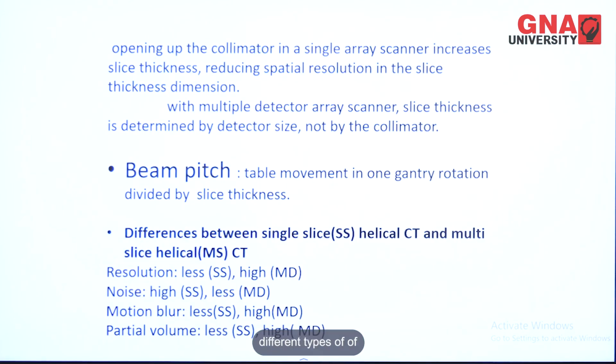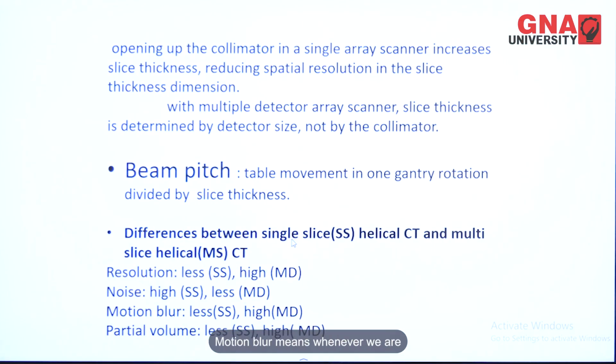Now, there are different types of CTs. One is known as single slice, the second is known as multi-slice. As far as the resolution is concerned, single slice CT has lesser resolution as compared to multi-slice CT. As far as noise is concerned, in single slice CT the noise is high as compared to multi-slice CT.